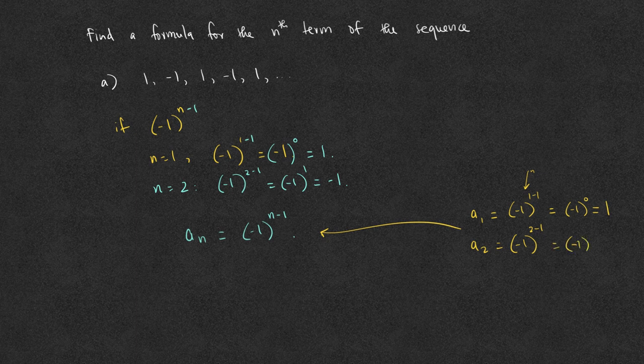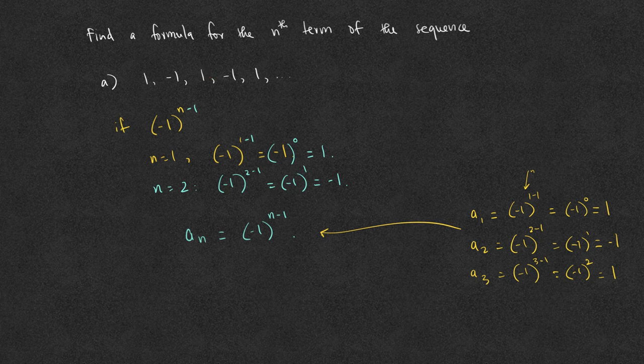So this is -1 raised to the 1 power, which is -1. A sub 3 is -1 raised to the 3 minus 1. 3 minus 1 is positive 2, but -1 raised to an even power will give us a positive. And so this is now positive 1.